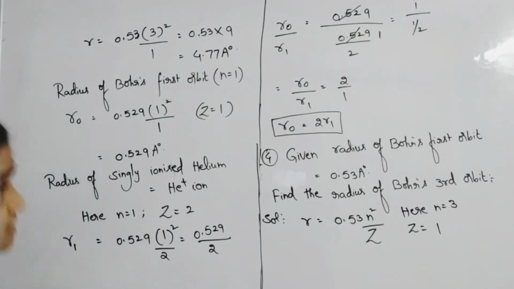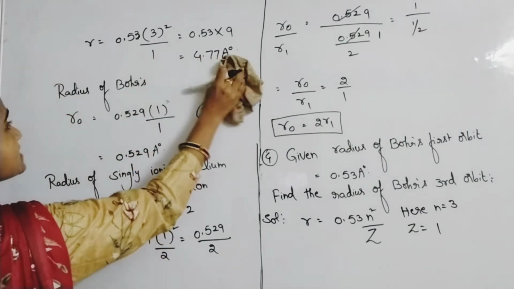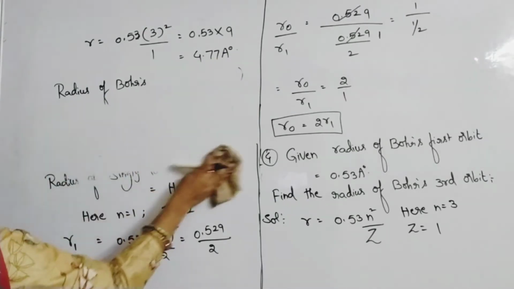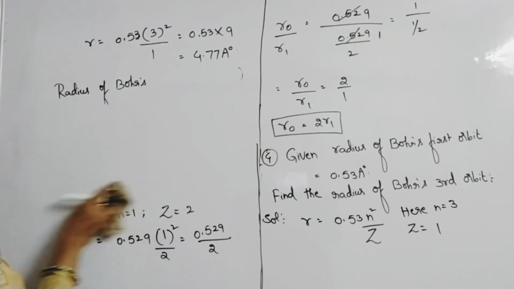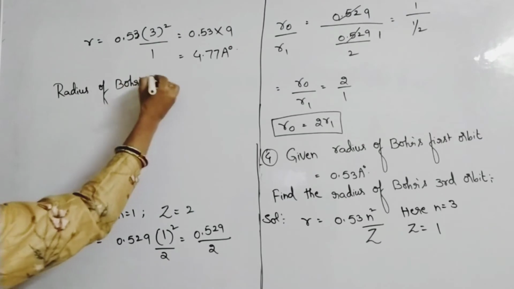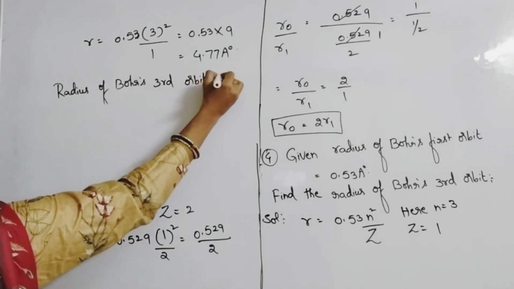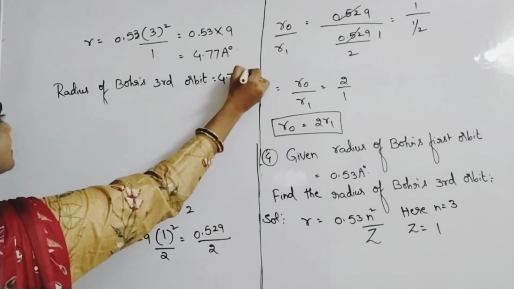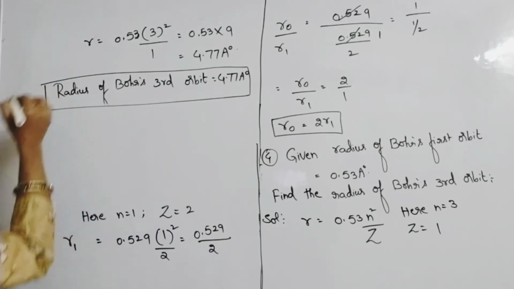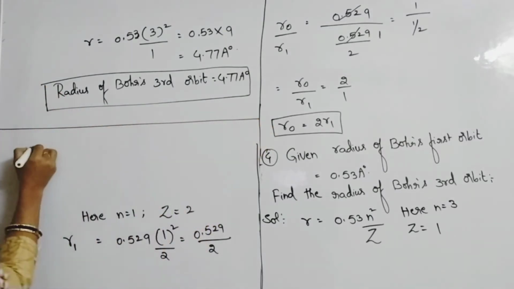So the radius of Bohr's third orbit is 4.77 angstroms. So this will be your fourth problem, right? Next, coming to question number 5.